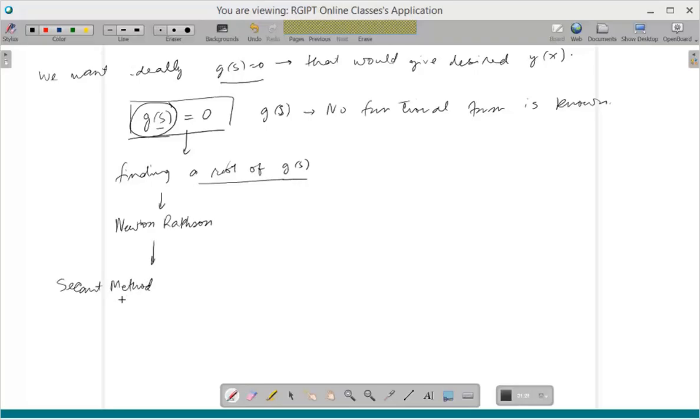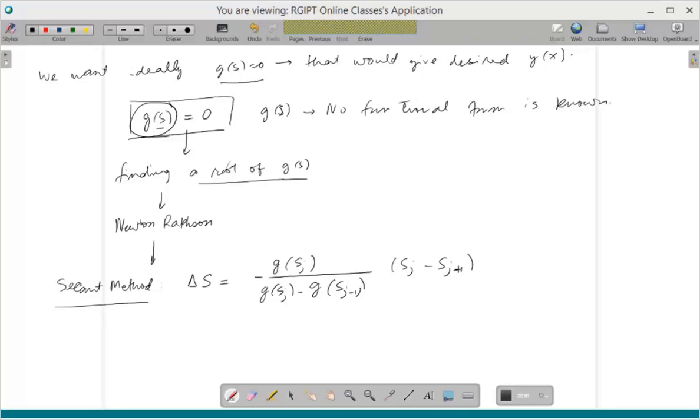It's the same thing as Newton-Raphson, except that, if you recall, I'm going to write this as delta s equal to minus g of xj divided by g of xj minus g of xj minus 1, into xj minus xj minus 1.